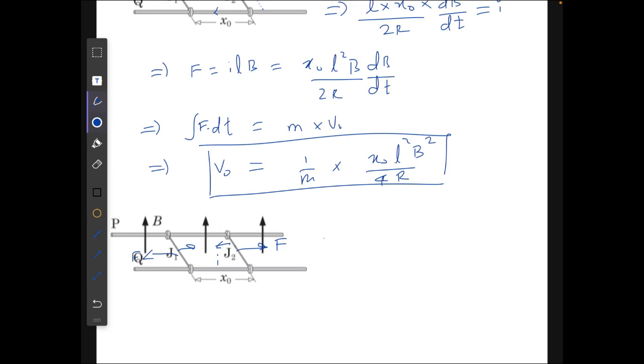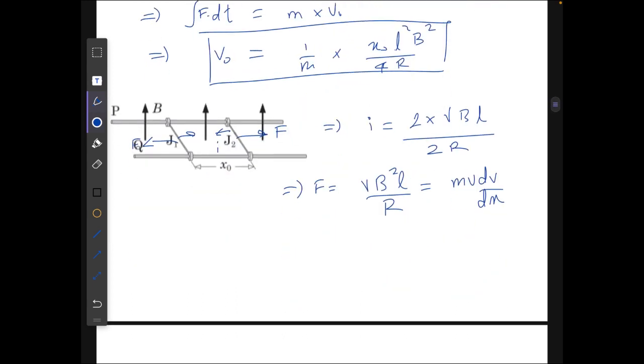The current I will be 2 times vBL, the motional EMF, over 2R. So the force on each rod is vB square L square over 2R, over R, which can also be written as m v dv over dx.